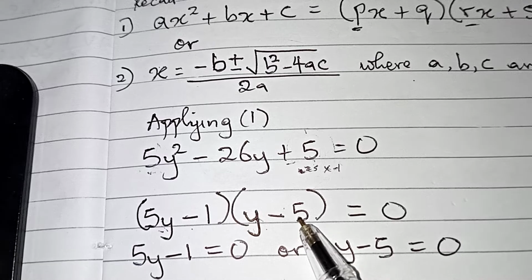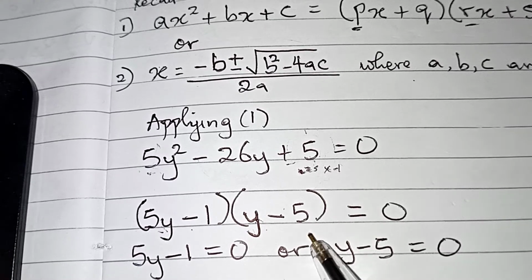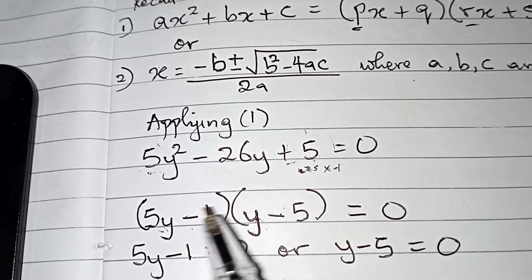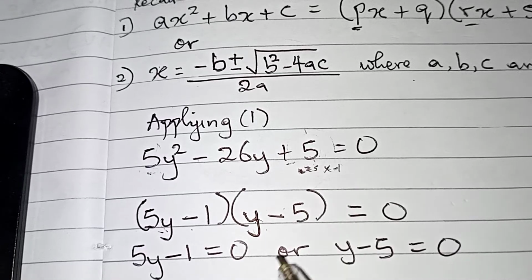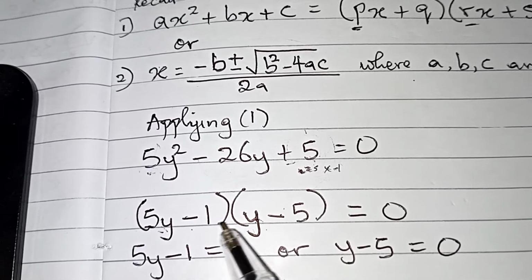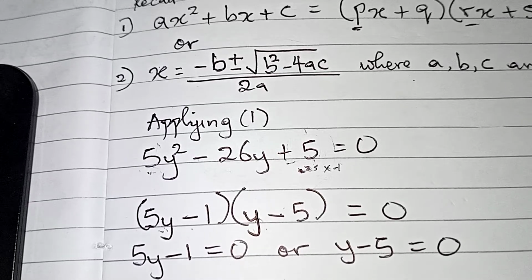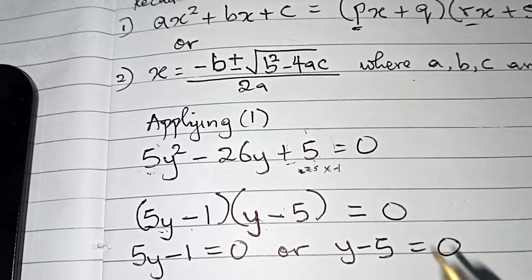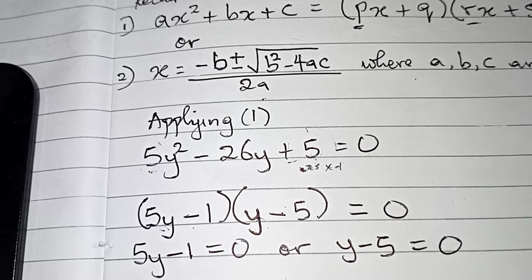So even when you are leaving your value here as 5, you already know that when this 5 meets up with this 5, it gives you 25. And when you also add up with this one, it will give you 26. You just need constant practice. Maybe you find more questions to solve so you can get this, or just stick to the formula. It will give you the same answer.